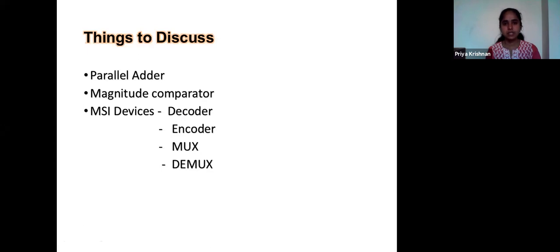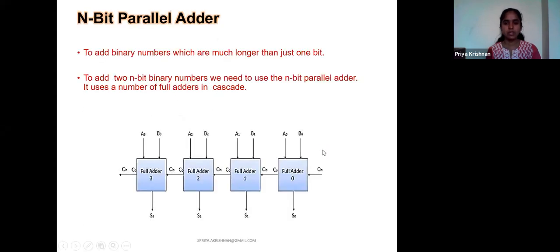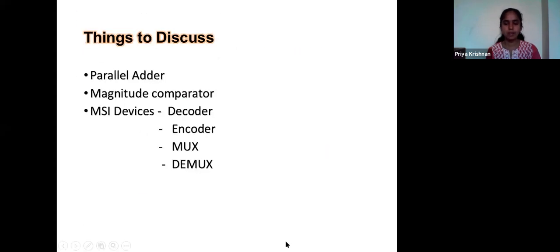And yesterday we discussed, can anyone answer what is a half adder? How many bits can a half adder add? A half adder can add only 2 bits. How many bits can a full adder add? The full adder can add only 3 bits.